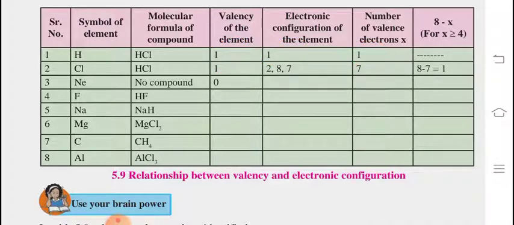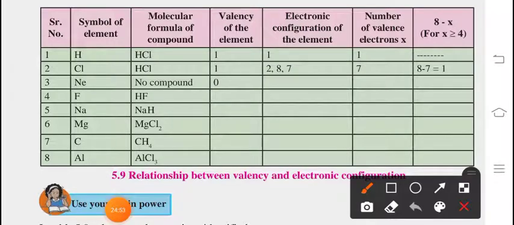Now the next example is we are taking an element of chlorine. So again HCl. So here you can observe valency of the element is 1. Here we have to write the electronic configuration of chlorine. So it is 2, 8, 7. Number of valence electrons is 7.